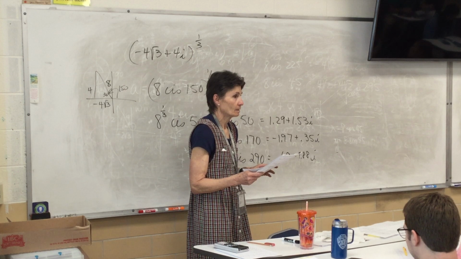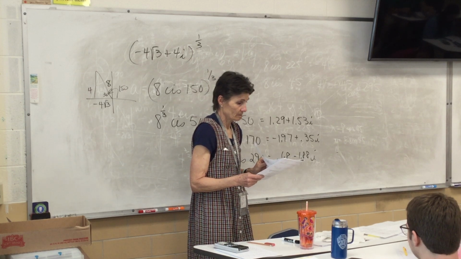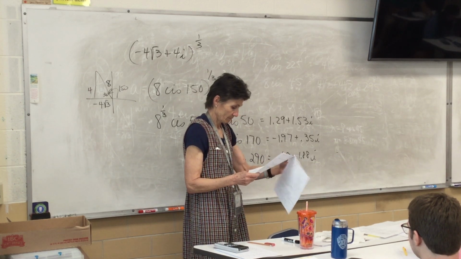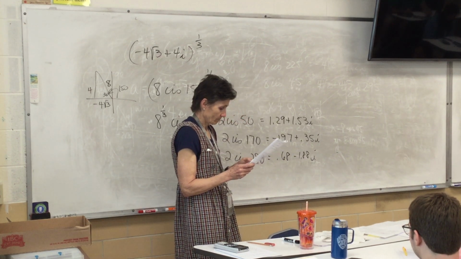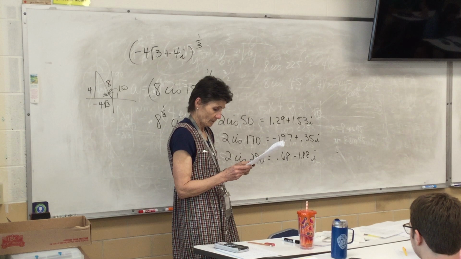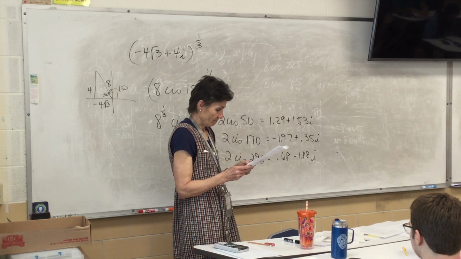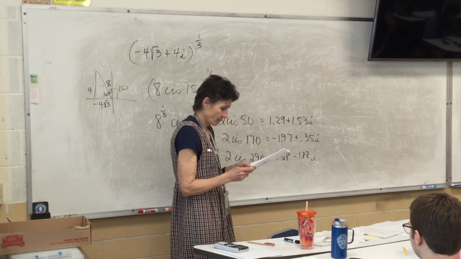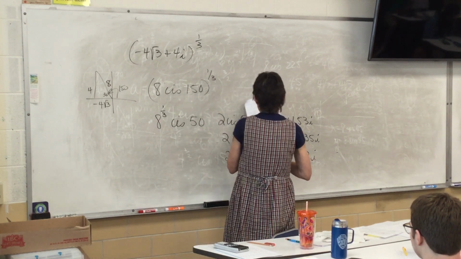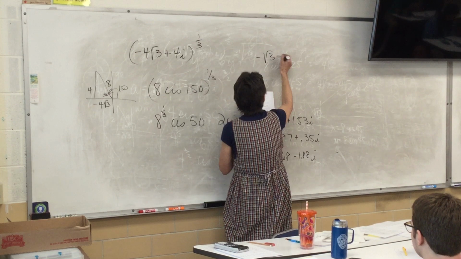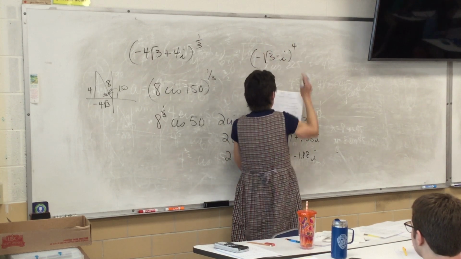I'm on number 4, A of 6, for the complex solution. I'm confused on how the y portion is positive. I don't know if I can work it out. Negative root 3 minus i to the 4th power.